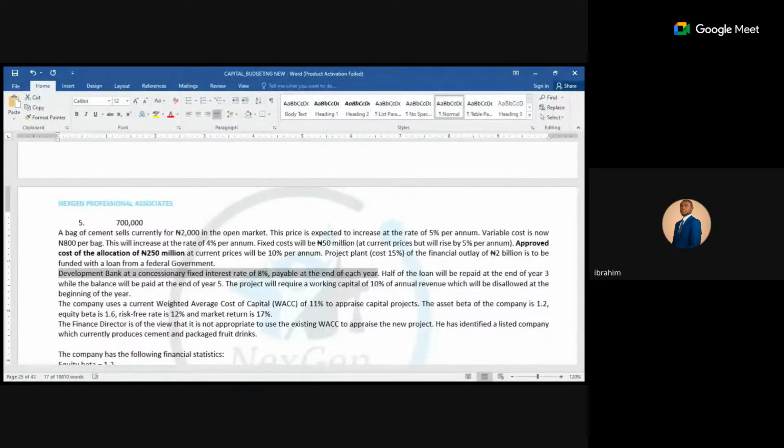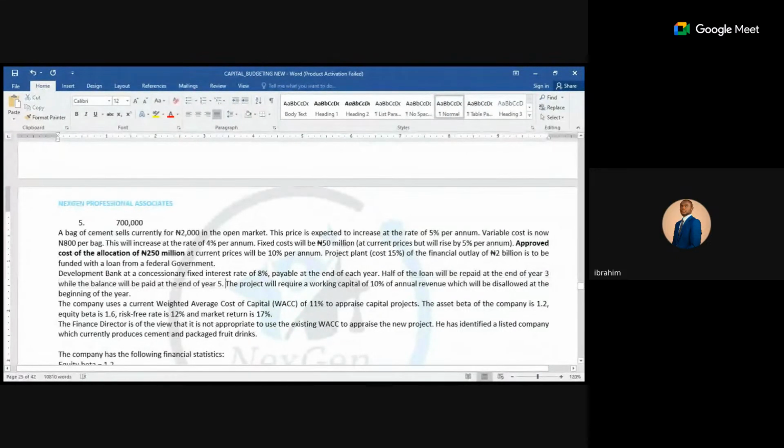We don't need it here in the NPV, unless when we want to determine the weighted average cost of capital, we ask, what is the cost of debt? Now, half of the loan will be repaid at the end of year 3, while the balance will be paid at the end of year 5. This is another information that we don't need when we want to compute our NPV. But under the concept of adjusted present value, that is another topic, right? We may need all these sources of finance, but here under the NPV, we don't need it, right?